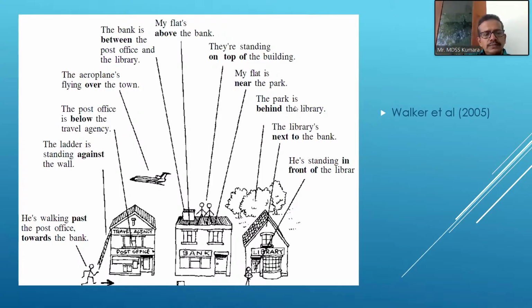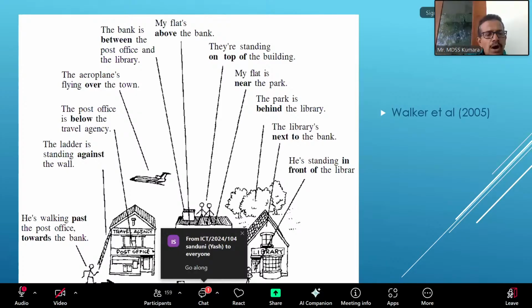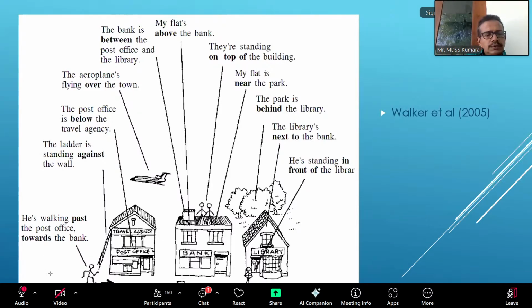Now, for example, we'll start from here. He is walking past the post office towards the bank.